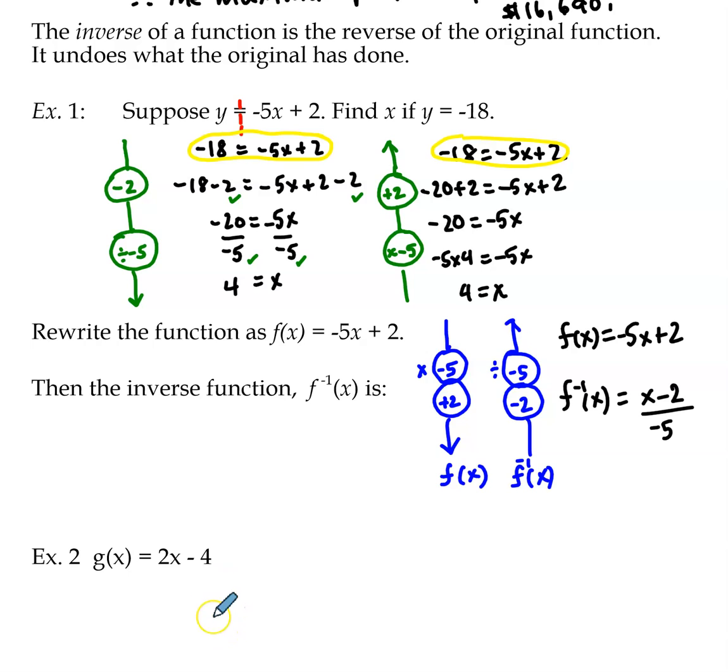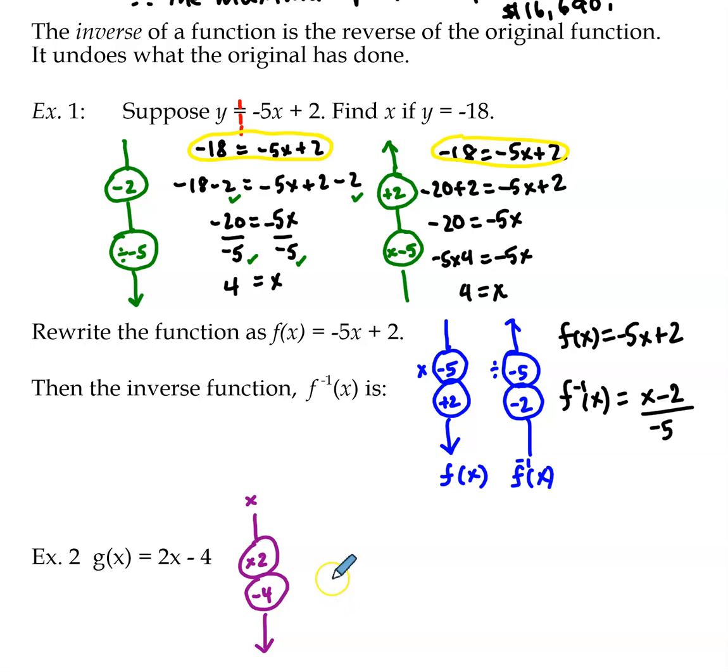Let's try it with g at x. So I start with my x, and I notice that I multiply by 2 first, followed by subtracting 4.